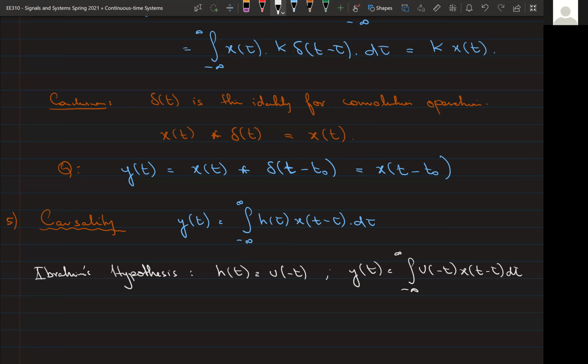What does this evaluate to? Ibrahim, aap hi rahe mere sath. So u of minus tau is equal to 1 only for negative values of tau, right? Ji, sir. So therefore this integral would be from minus infinity to 0 of x of t minus tau d tau. Okay? Ji, sir. अब ये x की future values y के अंदर contribute कर रही हैं या past values y के अंदर contribute कर रही हैं?